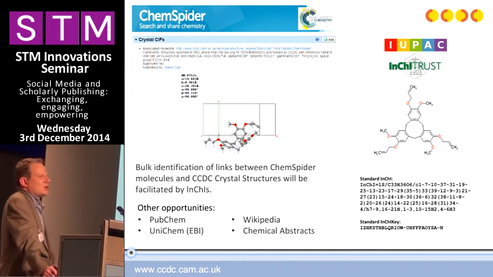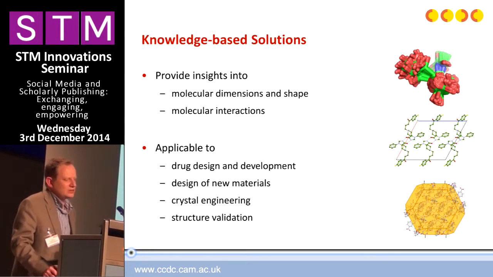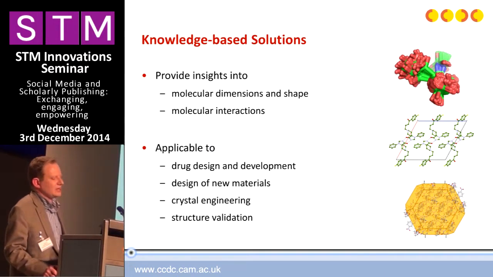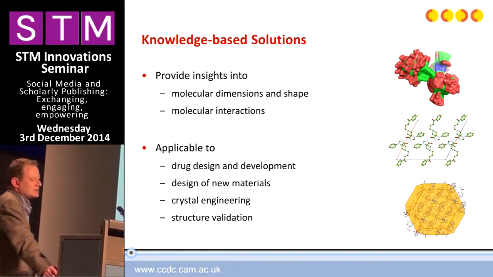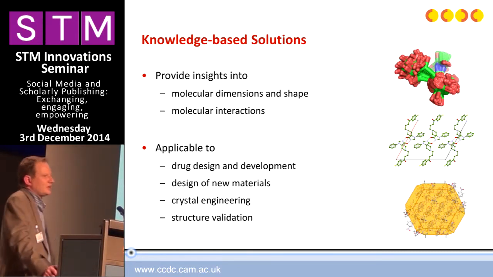Importantly, having a comprehensive combination of chemistry and crystal data provides a foundation for knowledge-based tools that provide insights into molecular dimensions and an indication of how molecules interact. These are important in a range of areas, not least in drug design and drug development.